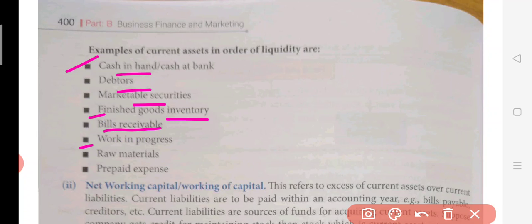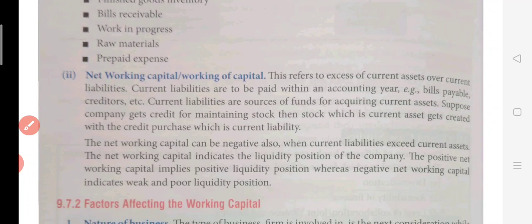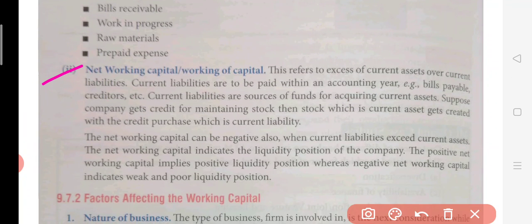Work in progress means manufacturing is going on; the product which is under manufacturing and not yet converted into finished goods is called work in progress. Next is raw material, then prepaid expenses. All these are your current assets.